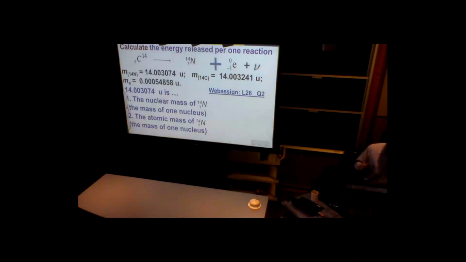Now, the most important part of the reasoning starts happening. Now we have to talk about energy.